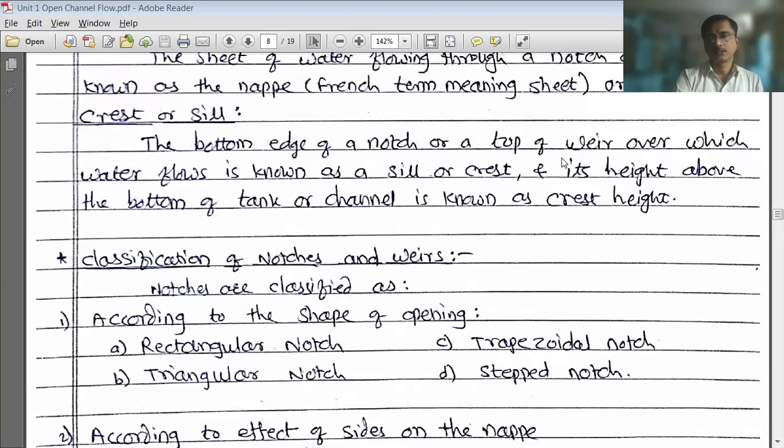Correct. The topmost portion of the notch or weir is called the crest of the weir or notch.